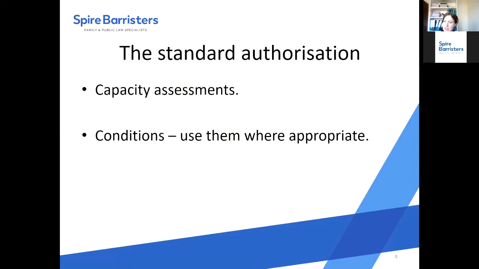I think we've all seen cases and forms where the assessor simply says, oh, P couldn't understand the information, full stop, next box. P couldn't retain the information, full stop, next box. I think we can all agree that that's entirely insufficient when looking at the mental capacity requirement.